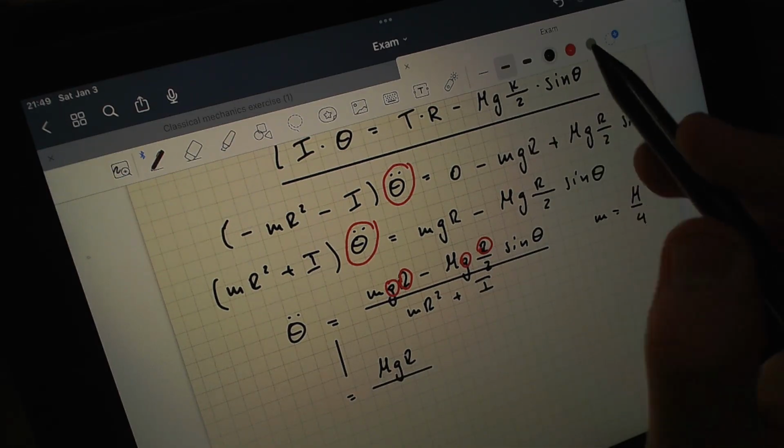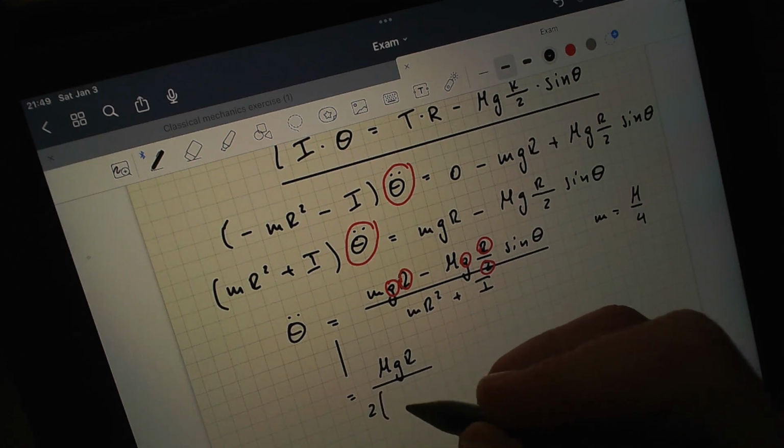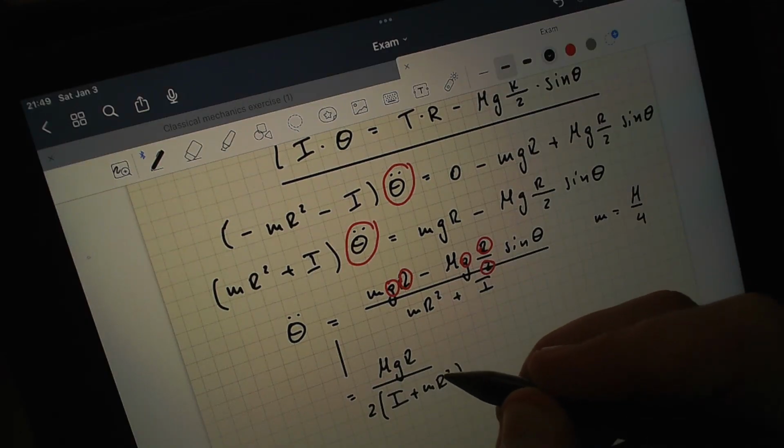And then we can also take these two, so we end up with 2 times I plus mr squared.